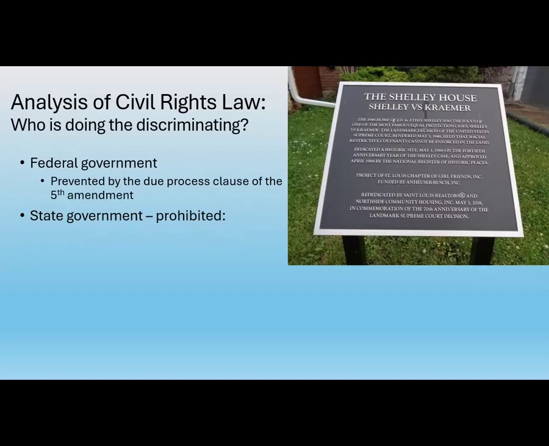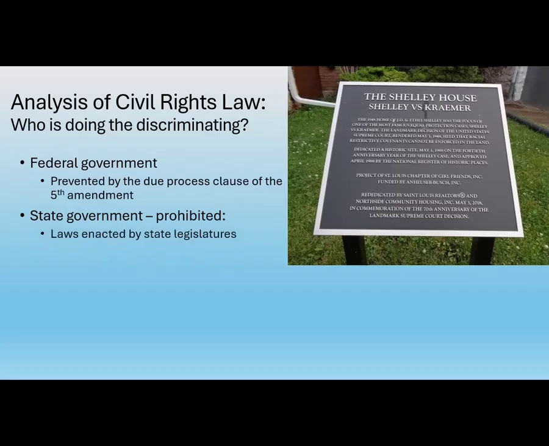State governments are explicitly prohibited from invidious discrimination by the 14th Amendment. So when there is state action, the 14th Amendment clearly applies. But we have to define state action.